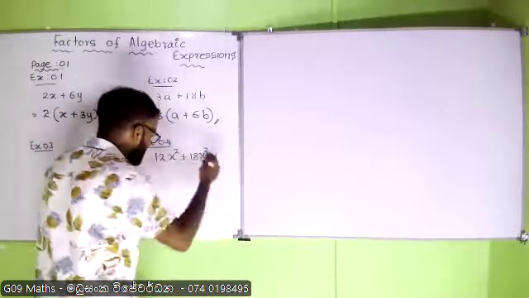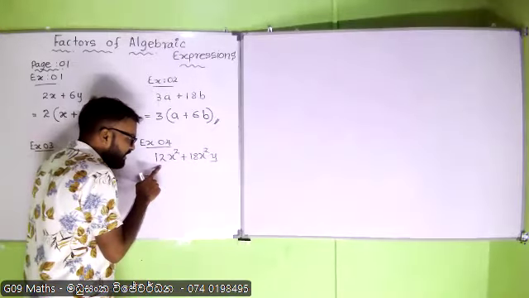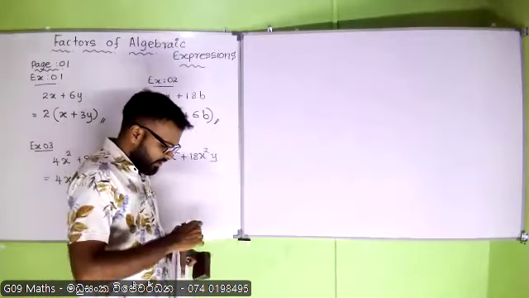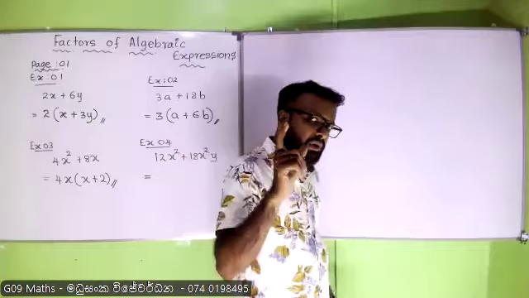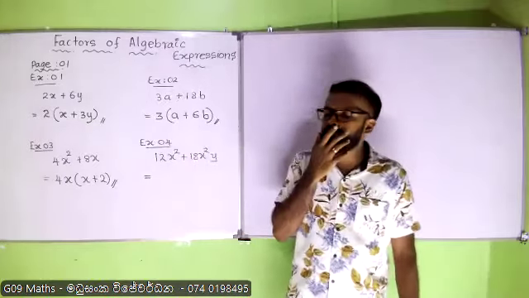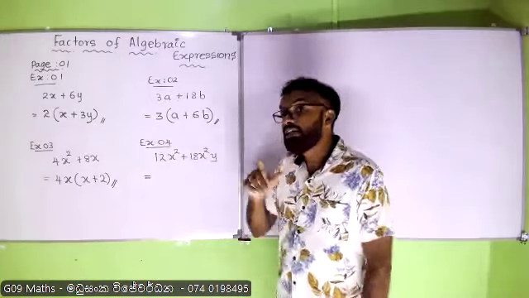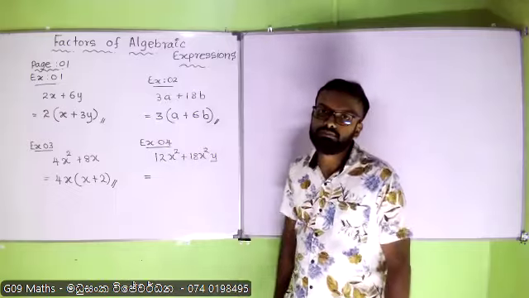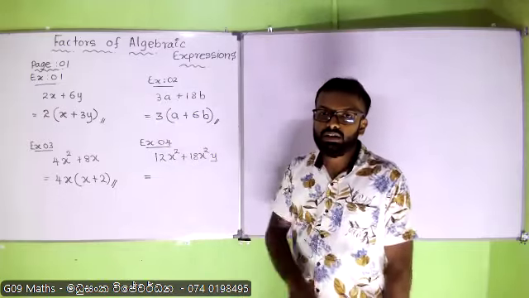Okay, so let's do this. From 12 and 18, the biggest or the highest common factor that I can take is 6.